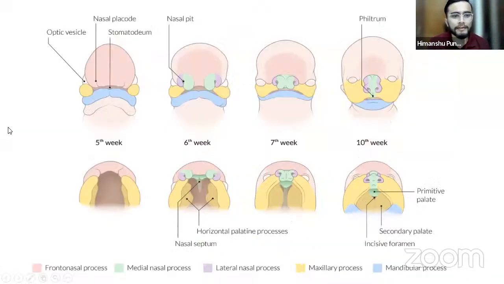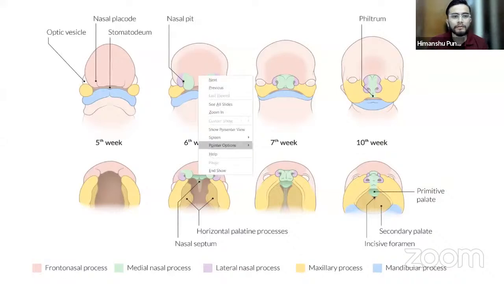So as we can see, the development of lip and palate starts at around 4 weeks of gestation and ends by the 10th week. At around 5 weeks, there is development of the frontonasal process, 2 maxillary processes and 1 mandibular process.